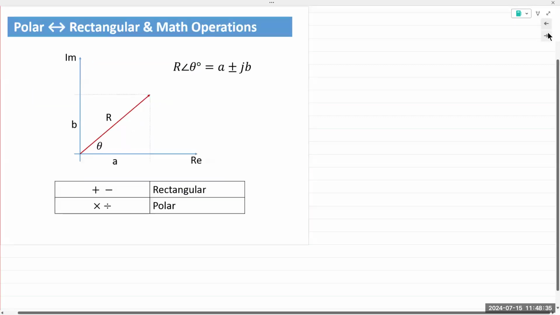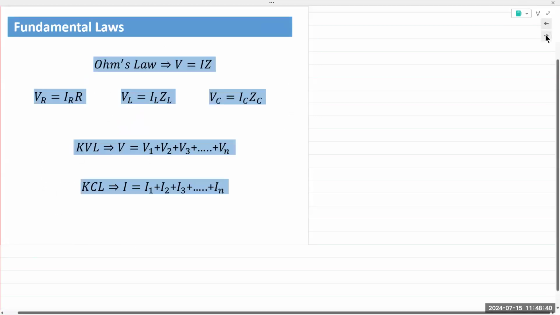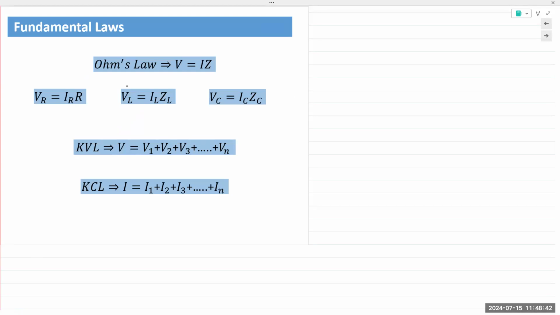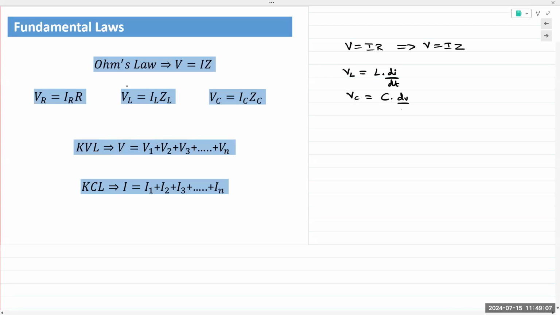Fundamental laws all remain the same. I'll come back to this slide after I talk about this. Ohm's law, V equals IR, in AC now becomes V equals IZ. So think back to chapter 3, where we had to find the inductor voltage, and we would need to perform a derivation, or an integration if it was a capacitor. So L di over dt, and VC, the capacitor voltage, would be C dV over dt.